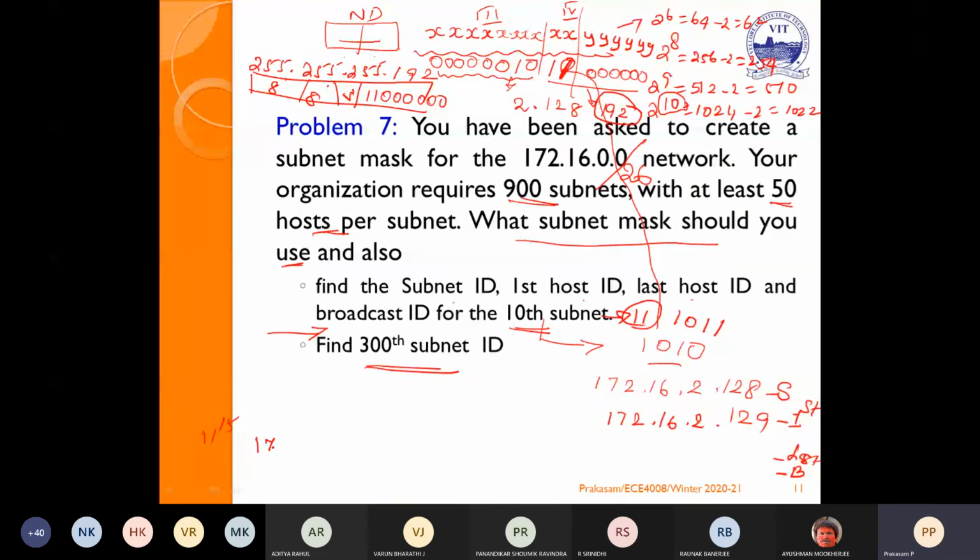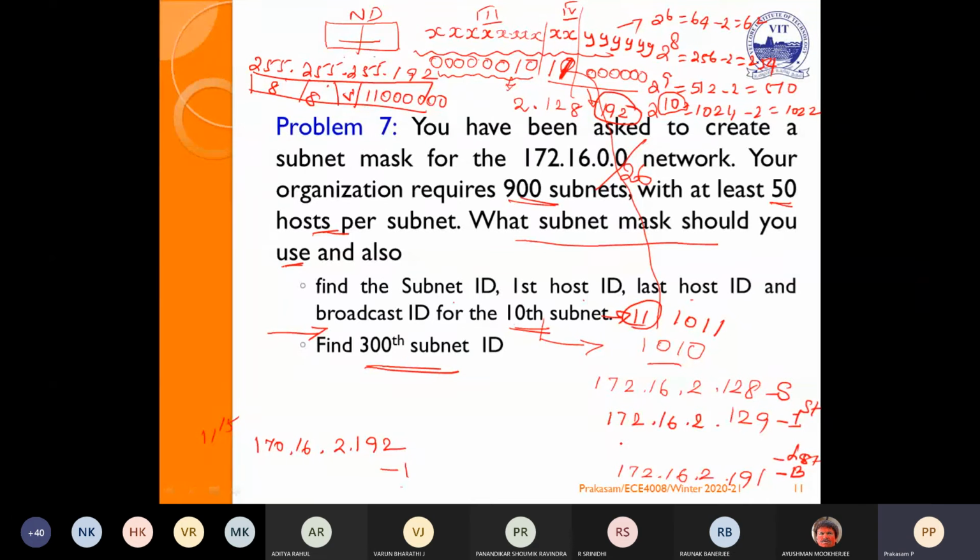So the 11th subnet is 172.16.2.192. The broadcast for the 10th is that minus 1. Just subtract 1: 172.16.2.191.